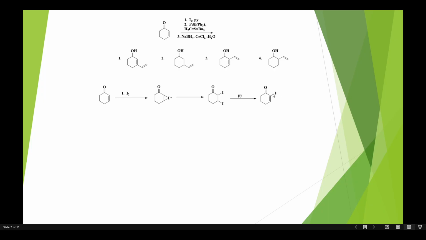And why have we synthesized this? Because after that we have palladium and the tin source. Then after that, what will happen?